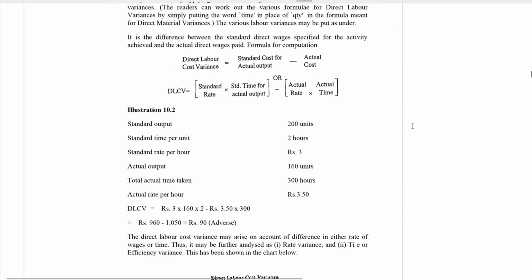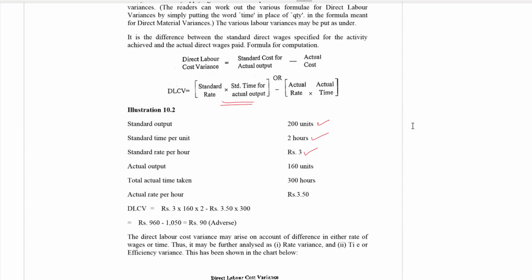So that difference we will calculate using some formulas. Let us keep aside the formula given here. We will see directly. By normal understanding, we can calculate. The standard output is 200 units. A company is planning to produce 200 units. And for each unit, they have estimated 2 hours of time is going to be taken. And for each hour, 3 rupees is going to be charged by the labor.